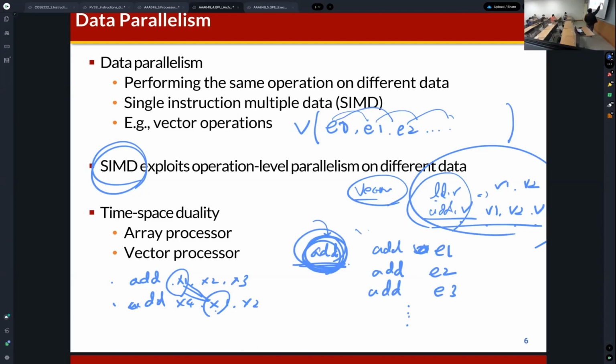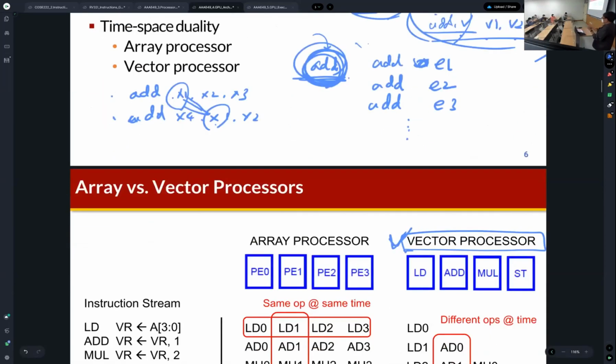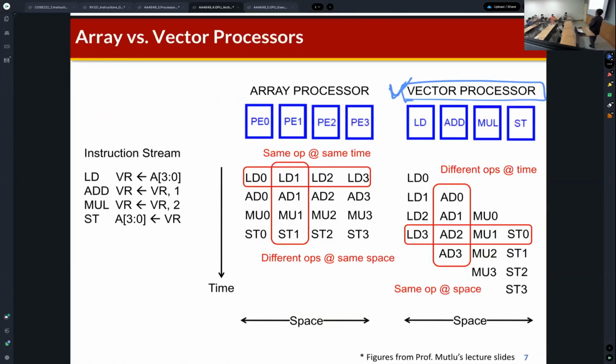So if this add engine executes the add instruction for element 1, then this result is independent of the next add instruction. We can just execute the add instruction every cycle. There are no dependencies between these elements. That is the benefit of vector type instructions, which means the control is very simple.